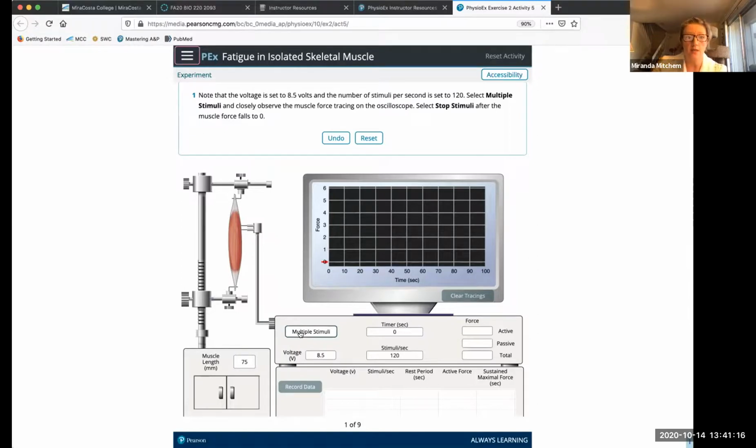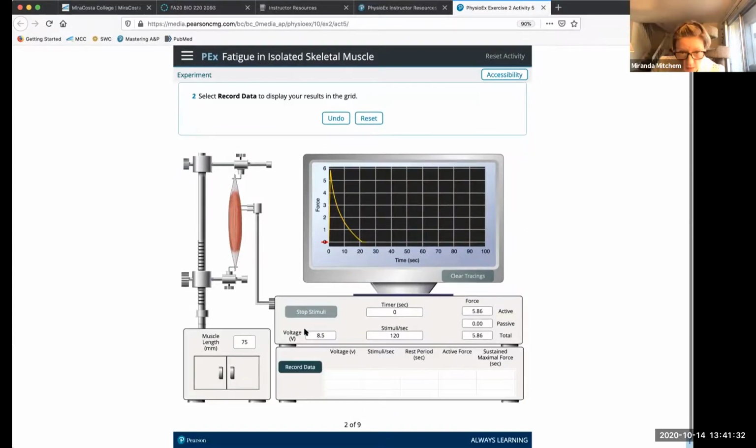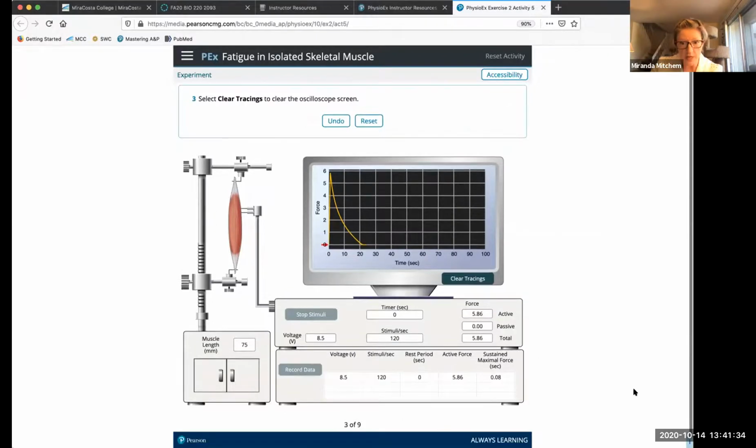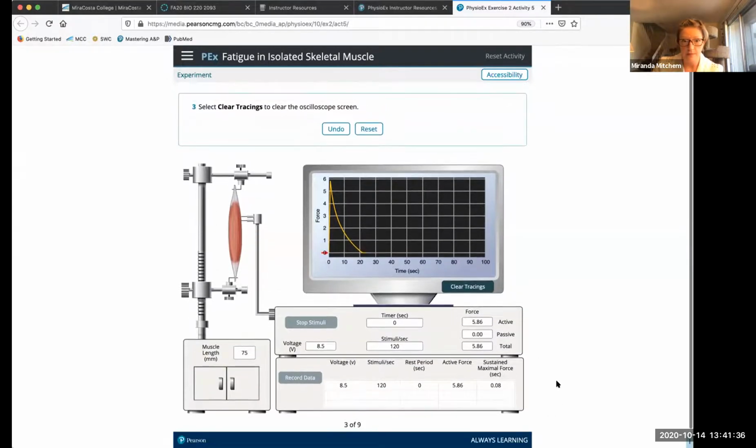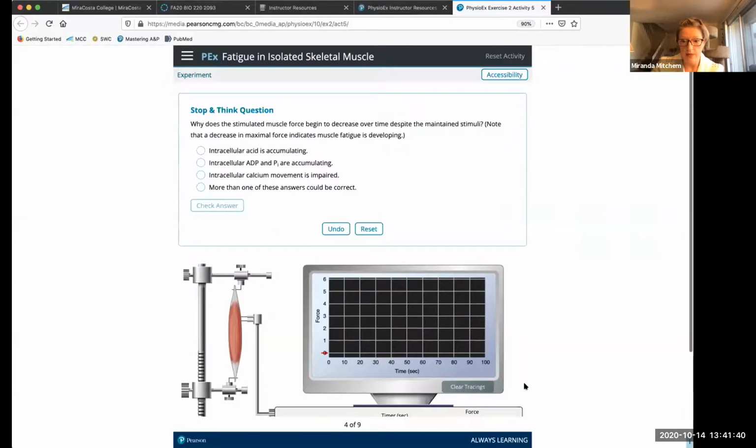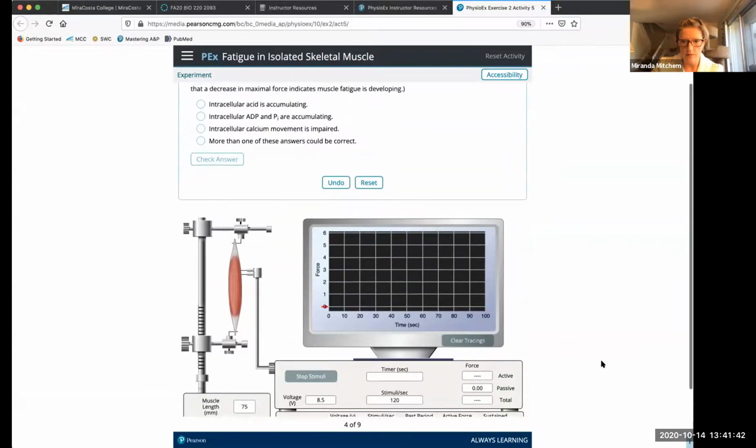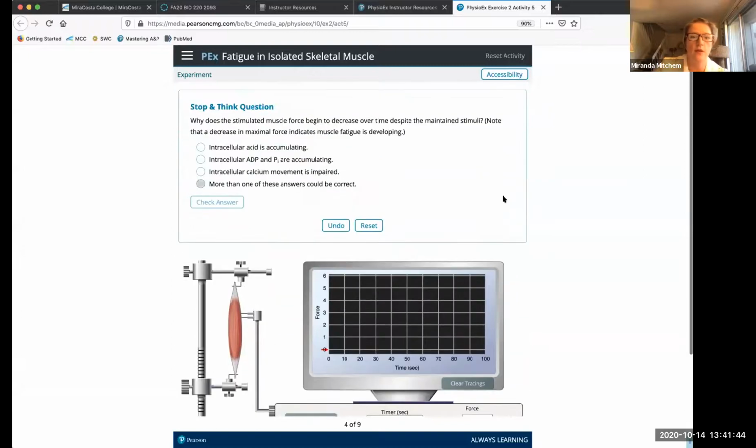So it asks us to select multiple stimuli, observe the muscle force tracing, and stop after the force falls below 0. So once it gets back to baseline, I'm going to stop it. There we go. Record data. Clear tracings. And there's no next button.